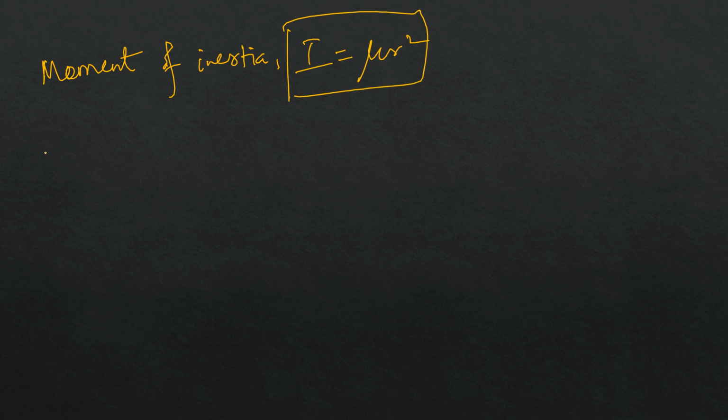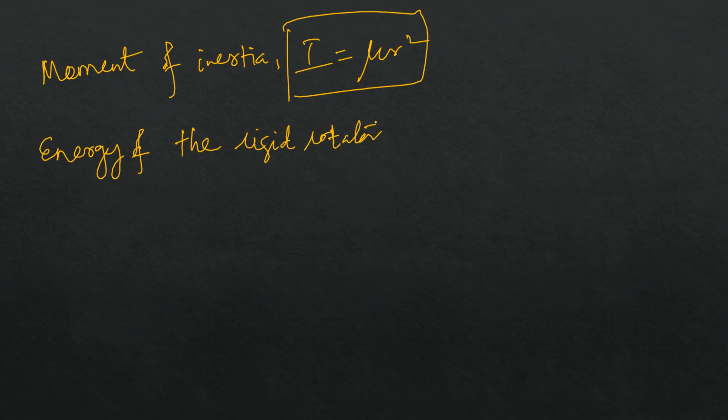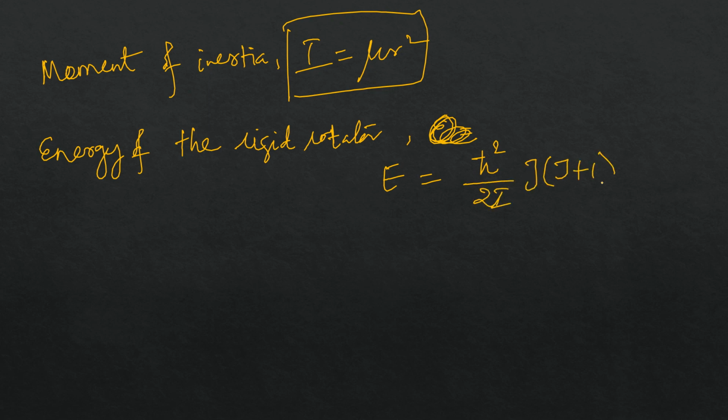What is the energy of the rigid rotator? E is equal to h cut square by 2I, J into J plus 1.